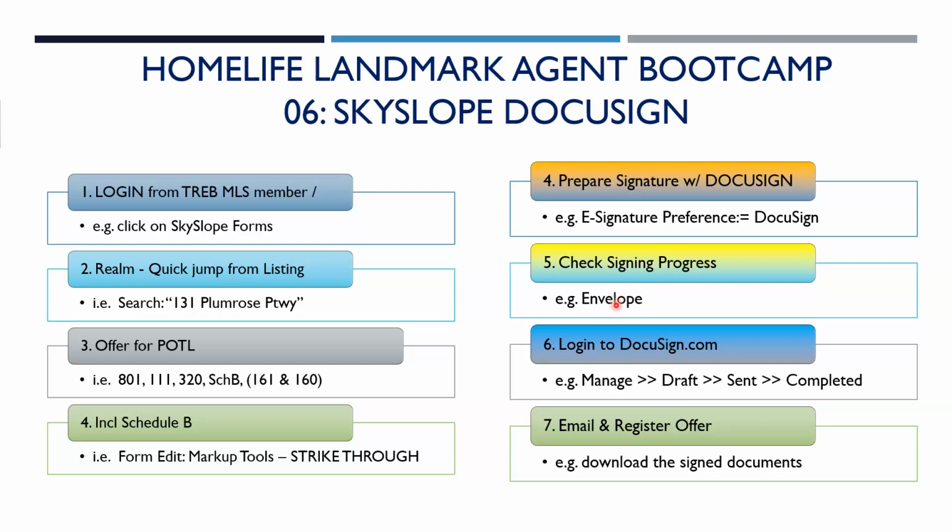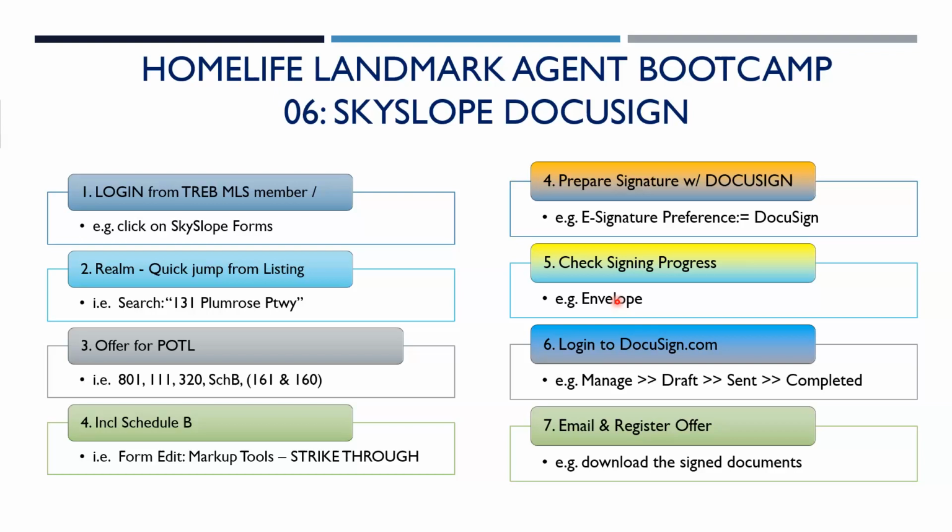We're still using the envelopes to check the signing process. But the only thing is after the signing is done, it no longer belongs to Skyslope. You will not be able to see whether this signing is completed or not from Skyslope. You have to go to Docusign, log into Docusign, and in your homepage, that's the manage. You can see how many signings are in draft stage, in complete stage, in send stage.